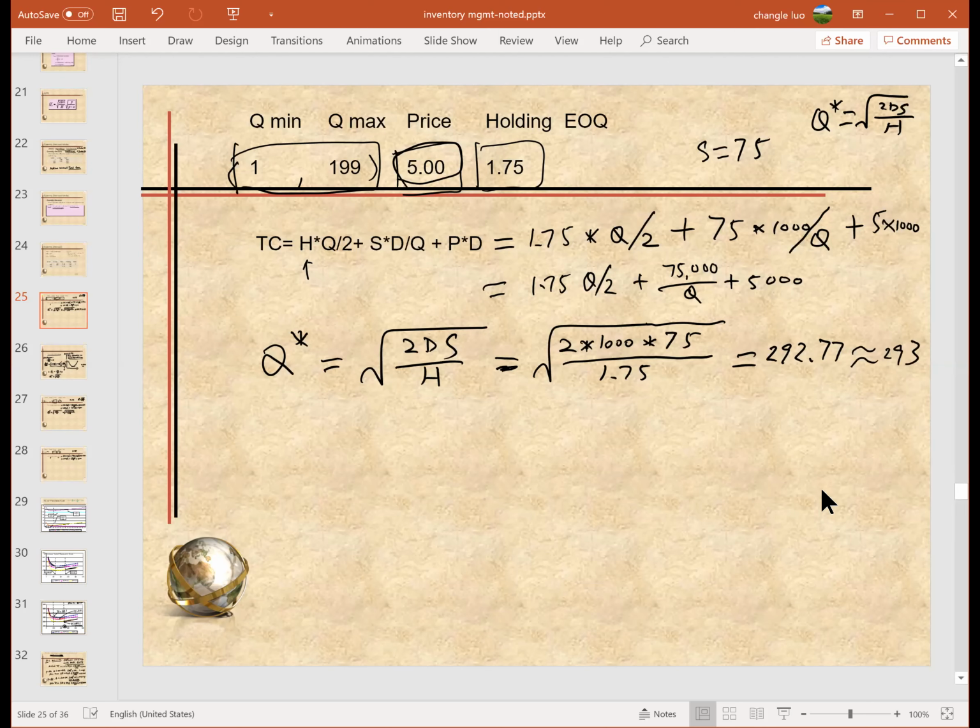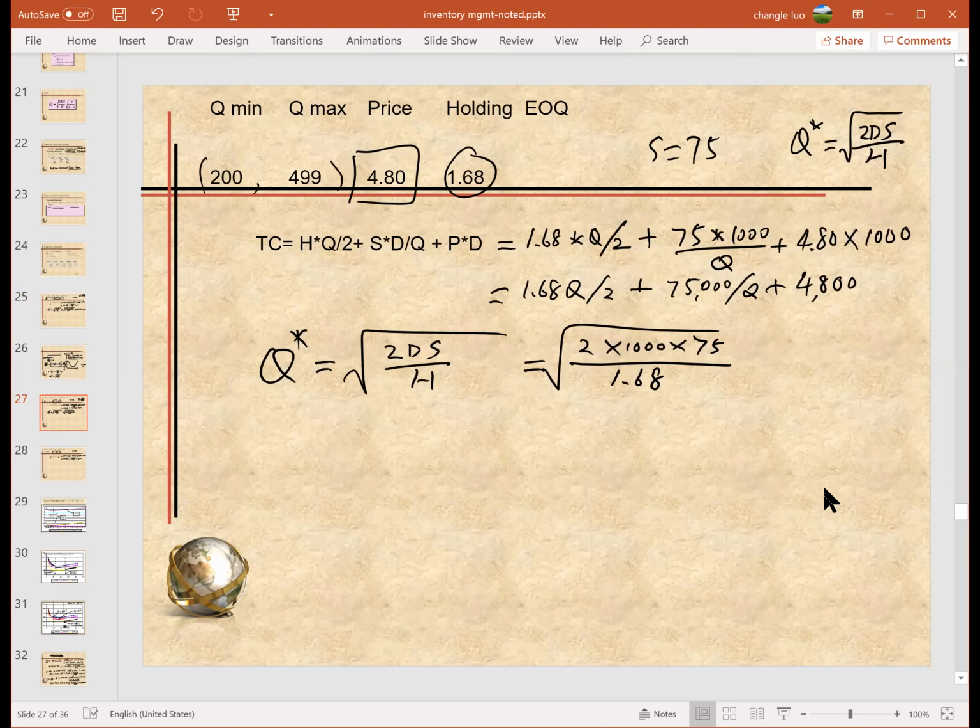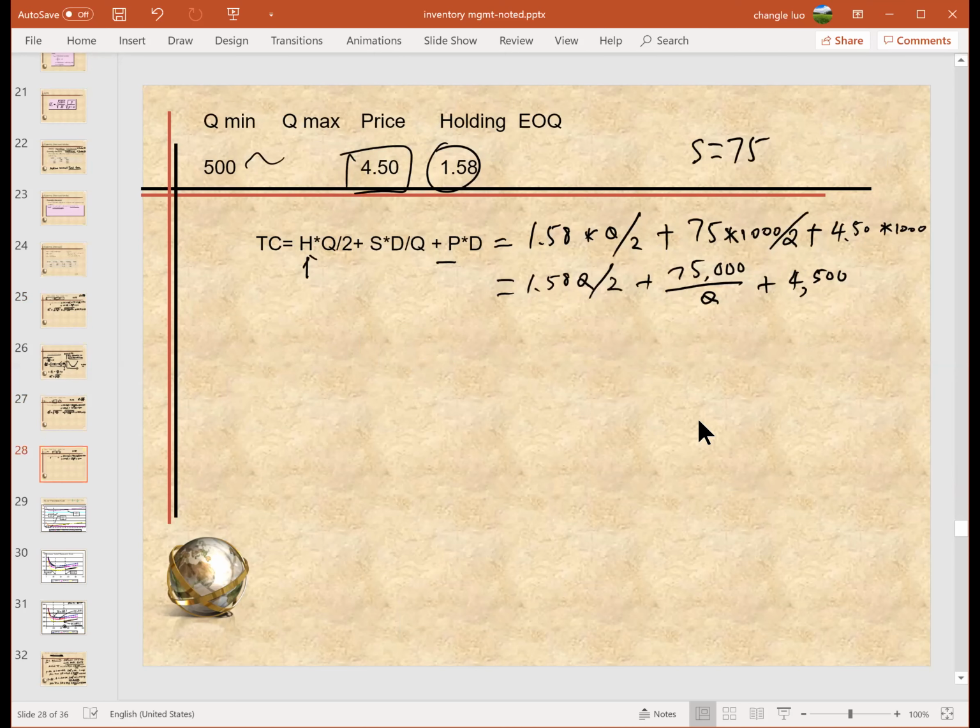We do the same thing for the next, which is quantity between 200 and 499. This Q star equals 298.81, and roughly it's 299 units. That's the optimal.